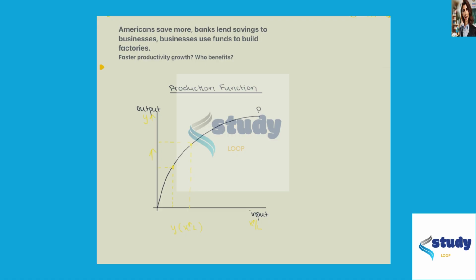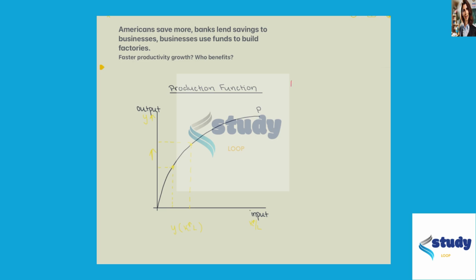And as for who benefits from this, it's really going to be just about everybody. This increase in saving and productivity is going to benefit both the Americans who are choosing to save and these businesses who are investing the funds into their factories. What we see is that Americans are initially reducing their consumption.